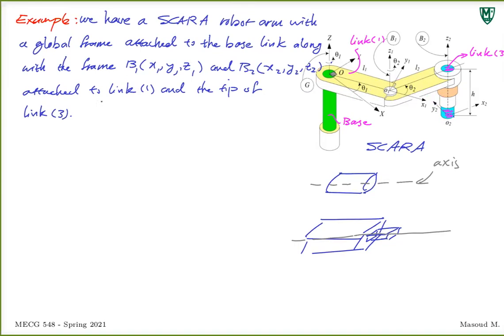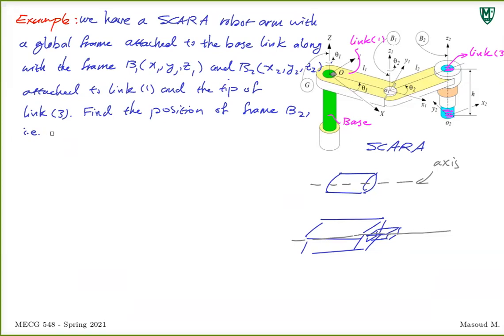Now, what is asked is to find the position of frame B2, i.e. O2, the origin of that.